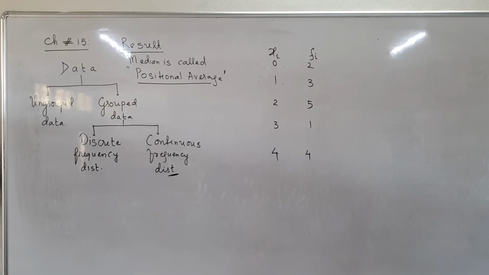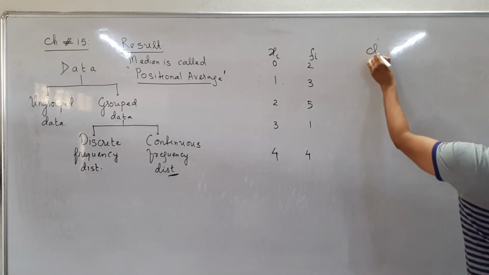So a frequency distribution of a discrete variable is called discrete frequency distribution. For example, the distribution of number of children per family is a distribution of a discrete variable. So a frequency distribution without classes, and especially of a discrete variable, students, is called a discrete frequency distribution.